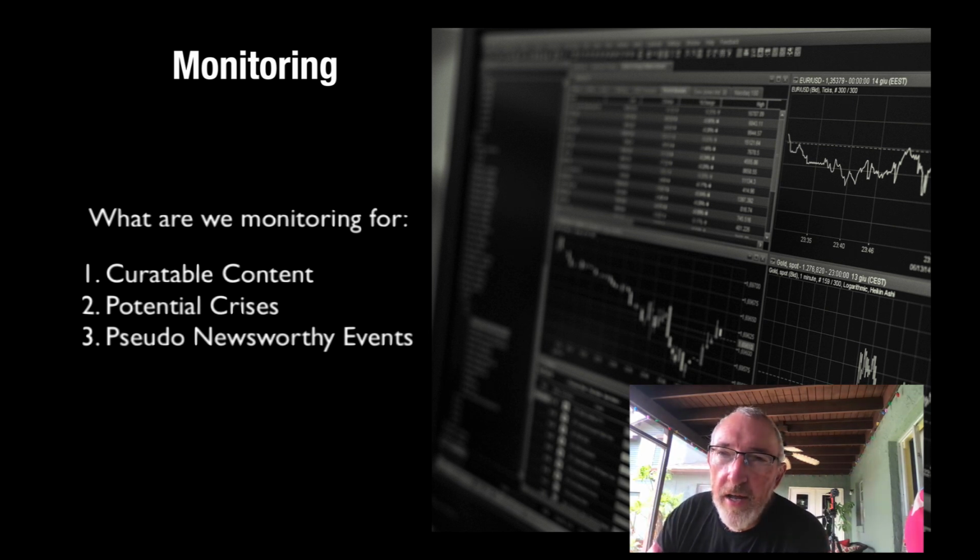Now, a newsworthy event is something that the media, whether it's legacy or new media, those individuals, those journalists, will be willing to tell their audience about. And we'll get more into newsworthy events, both real and pseudo, in week 2. So that's what we're monitoring for in week 1.